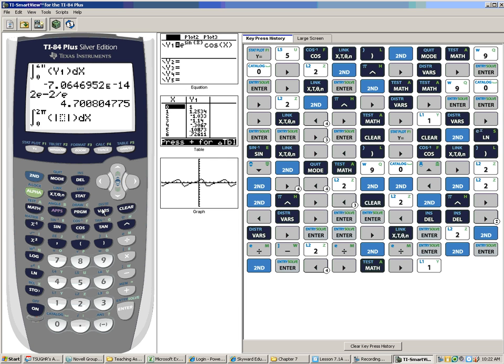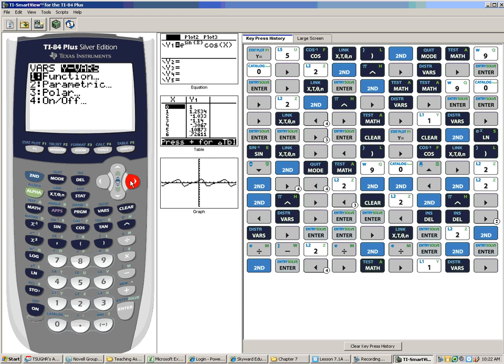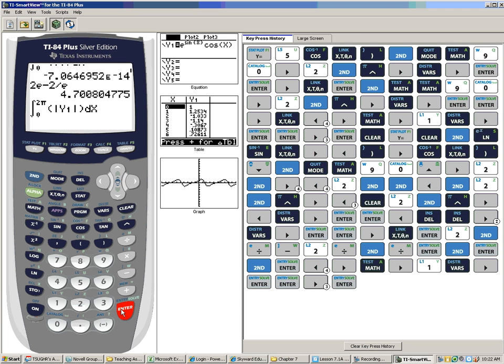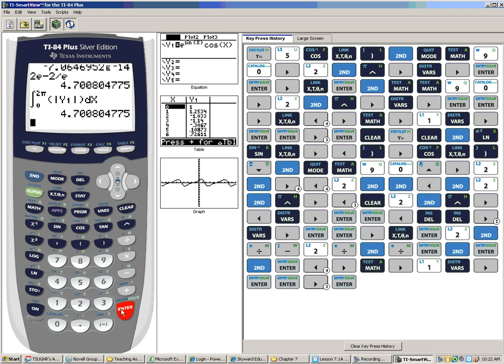Now I'm going to call up VARS, Y-VARS, Function, Y1. Hit enter. And we get the same number. Okay? So it's the same thing as if you put absolute value bars around it.